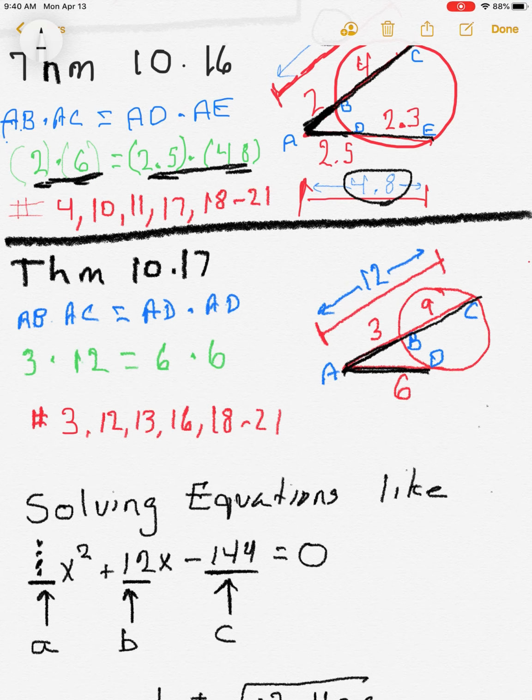Some of the problems you'll be doing today involve both laws, like problems numbers 18 through 21. All right. For 18, or actually let's look at 19. You're first going to have to solve for a using the 10. 10 times 10 is 4 times the total, which is 4 plus 6 times a, which is 10 plus a.